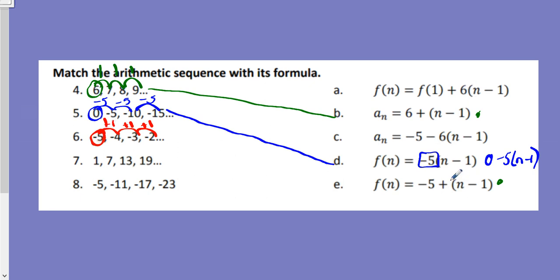I can see E has a common difference of 1 because 1 is always in front, and my initial value in E is also negative 5. So those match. 1, 7, 13, and 9. I can see my common difference is 6.